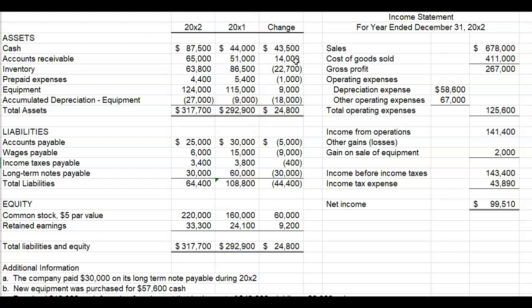And if you'll remember from my lecture videos and from your experience in preparing cash flows in Accounting 301, an increase in a current asset needs to be deducted from net income in arriving at cash flows.